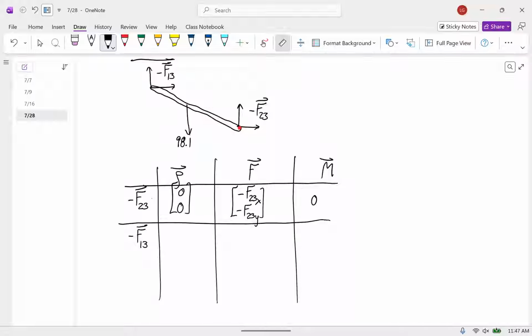The rho vector is negative 1, positive 0.577. Force vector is negative F13x, negative F13y. Cross product is F13y plus 0.577 F13x.